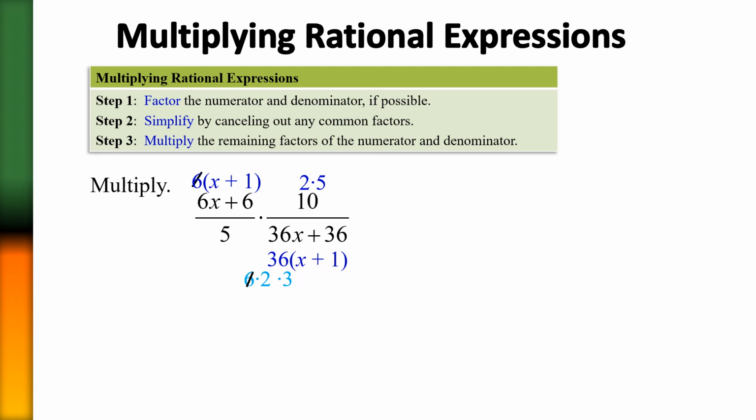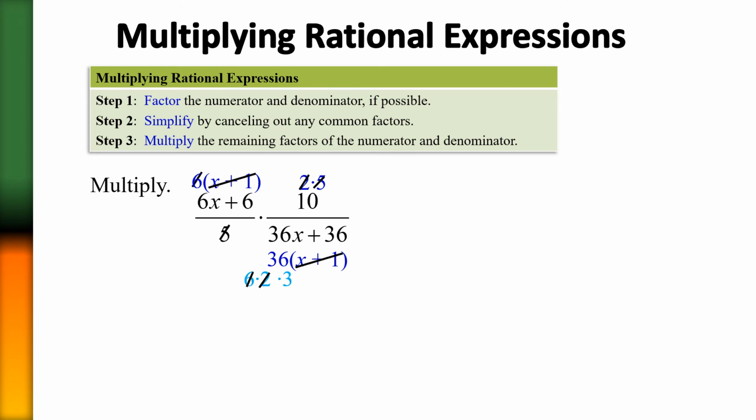So I can go ahead and cancel those out as well. I also see that I have a 2 up top and a 2 down below. So I can cancel out a common factor of a 2. And then lastly, I can cancel out a common factor of a 5. I have a 5 up top, and I have a 5 down below.